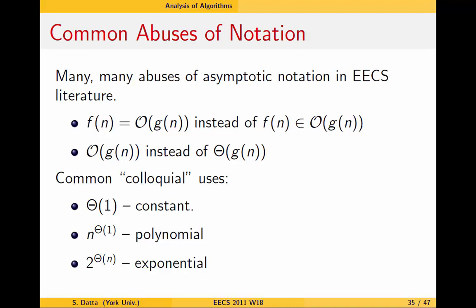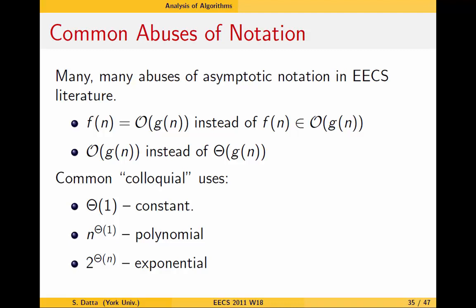More confusing, sometimes people say n to the theta 1 and call it a polynomial. Normally, at least until now, if somebody said polynomial, you would be thinking integer powers of n, maybe sums of integer powers, n plus n squared, or n to the 3 plus n minus 3, something like that. Normally you wouldn't call n to the power 0.001 a polynomial, right?